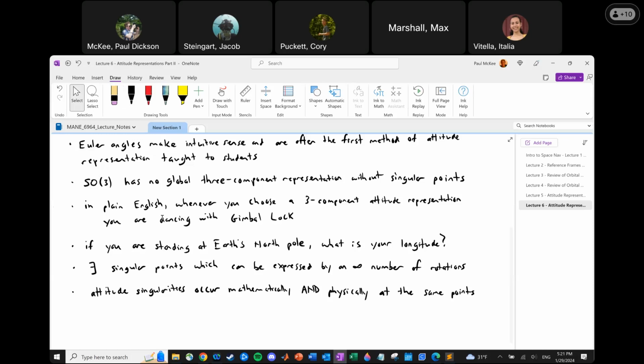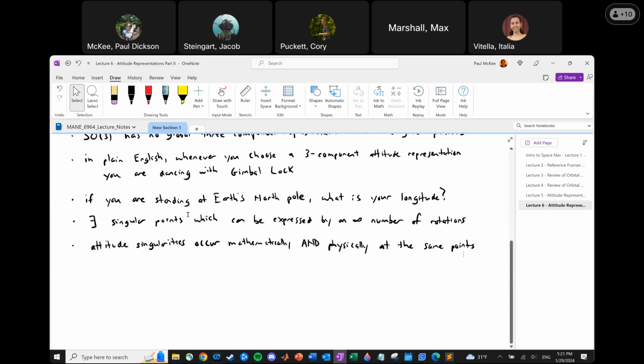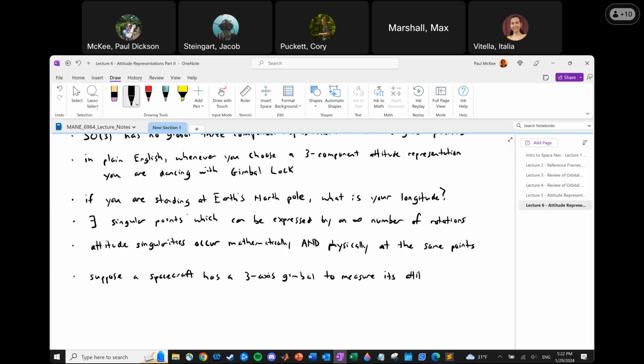So suppose we have a spacecraft with a 3-axis gimbal, like the one that we just talked about before, right? Suppose a spacecraft has a 3-axis gimbal to measure its attitude with respect to, that's WRT, with respect to inertial space.